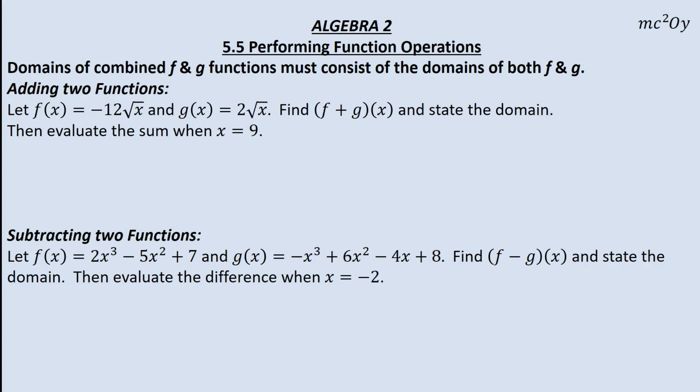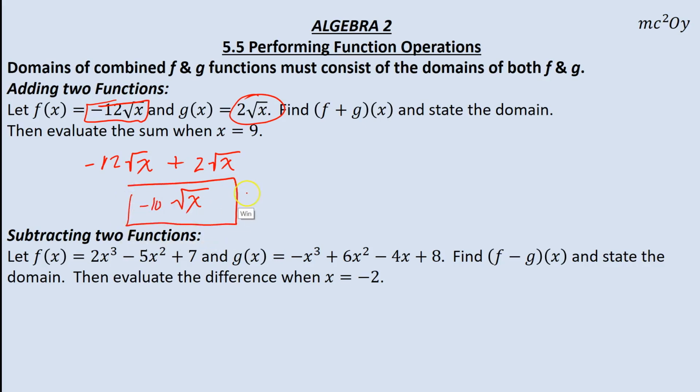I'm going to take f, which is negative 12 root x, and add to it g, which is 2 root x. Negative 12 plus 2 root x, well, I'm adding root x's, so I'm going to have something in terms of root x here, and negative 12 plus 2 is negative 10. So negative 10 root x.